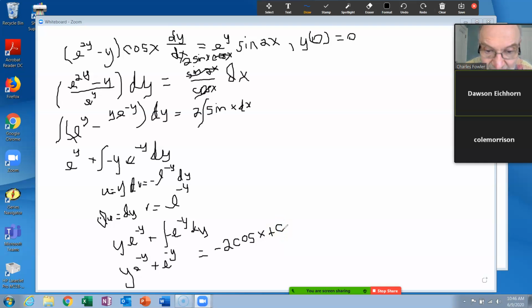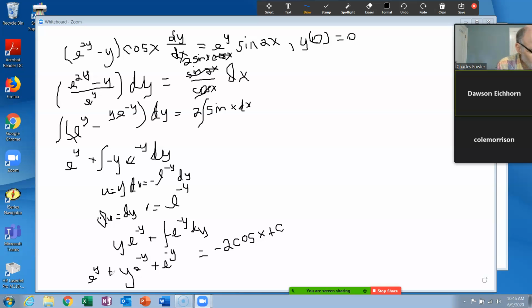And since we've gone out of time, what we'll do next time is figure out what the c is. Okay? And let me go on and bring this one down because I left it hanging up there. E to the y plus this mess. Okay? And next time we'll figure out what the c is. Is that okay?